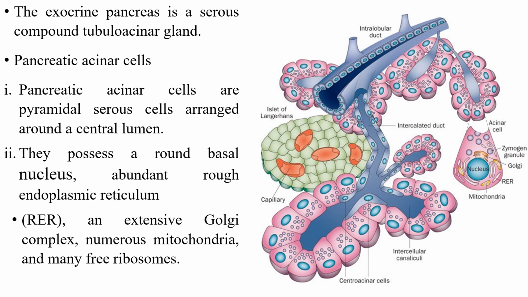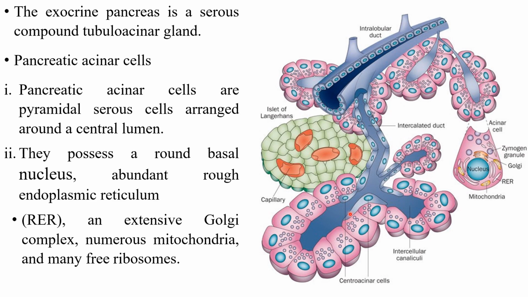Now let us look into the structure of a single acinar cell. You can see here at the end of this picture a pyramidal shaped cell. This is the structure of a single acinar cell. The pancreatic acinar cells are pyramidal serous cells arranged around the central lumen.